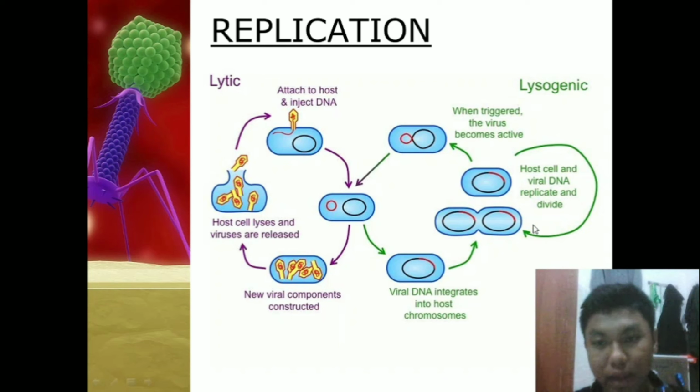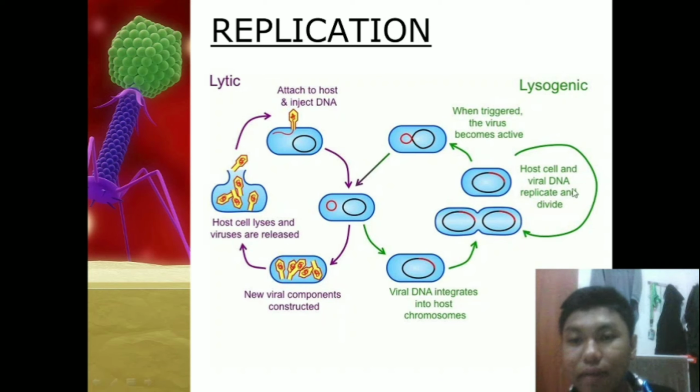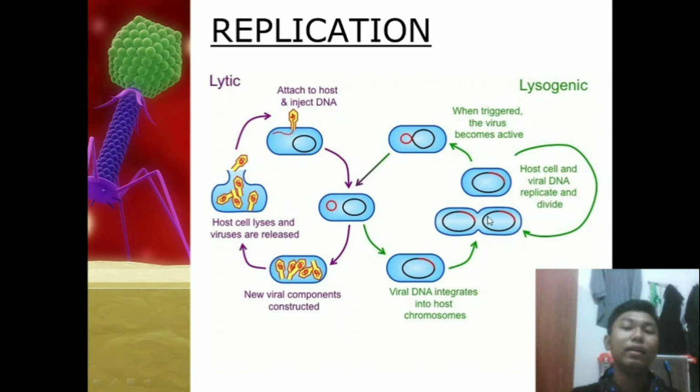And then the host cell and viral DNA replicate and divide into two, and when triggered the virus becomes active and comes to this step again. This step again, new viral components are constructed. This step, host cell lysis and viruses are released. And yeah, something like that.